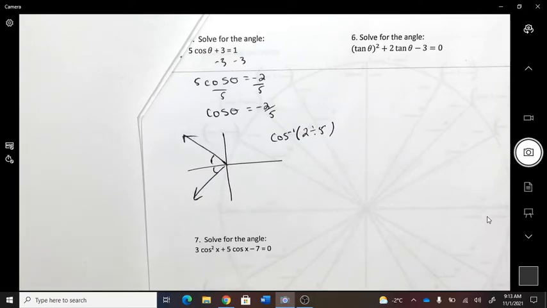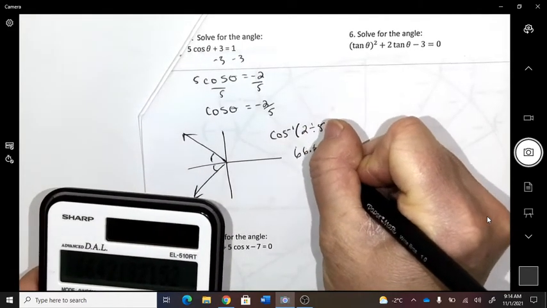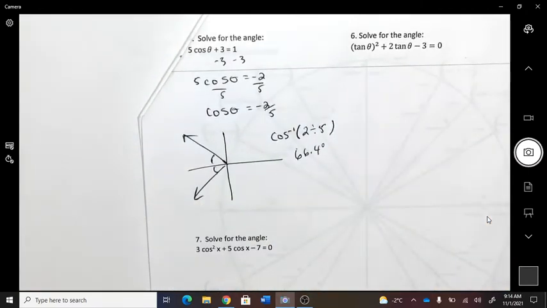So practice that type. So that's a reference. Are we agreeing? 66.4.